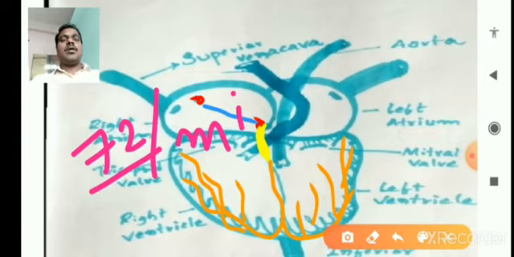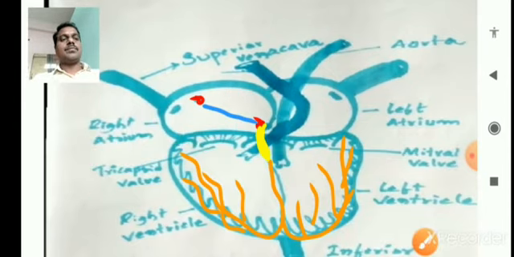So in our life there are continuously systolic and diastolic contractions and relaxations present in our heart. So this is very important.